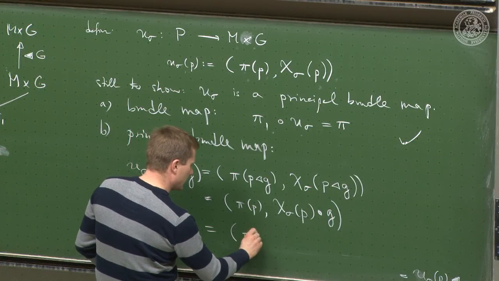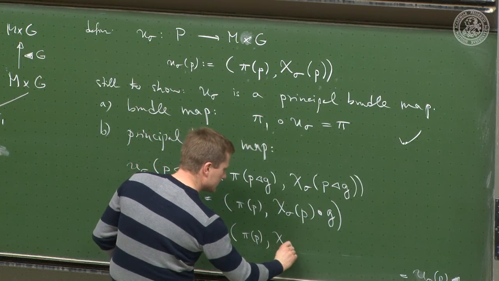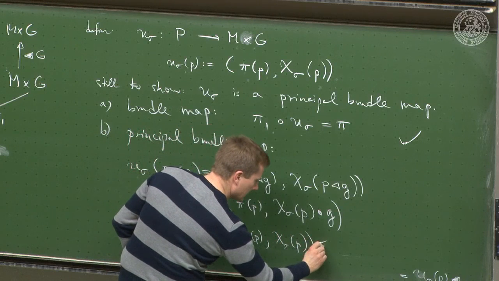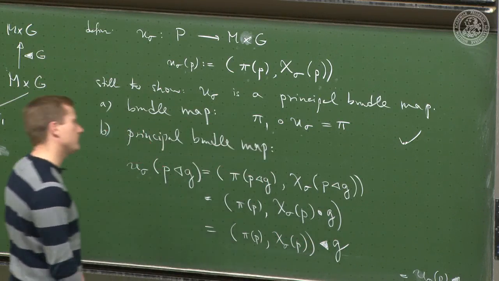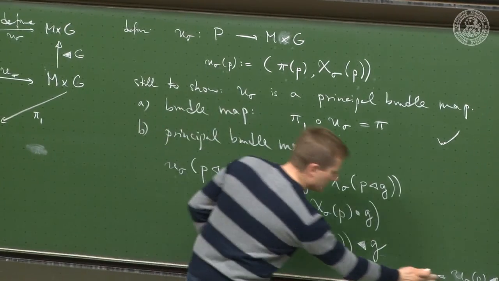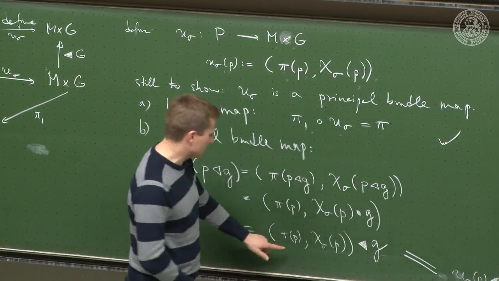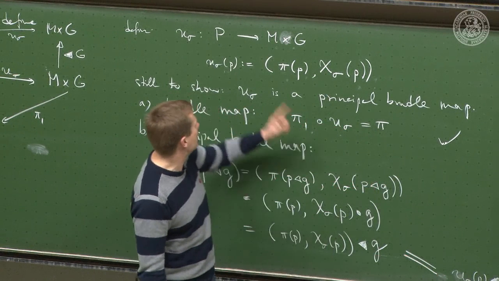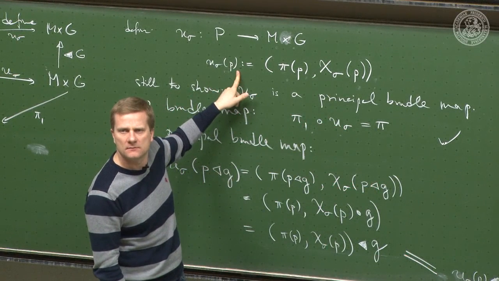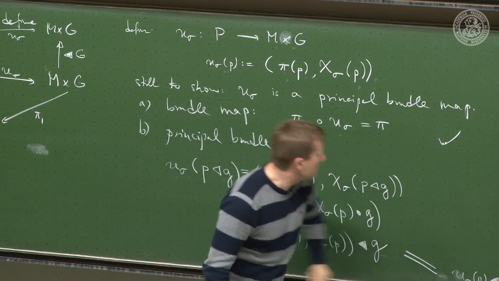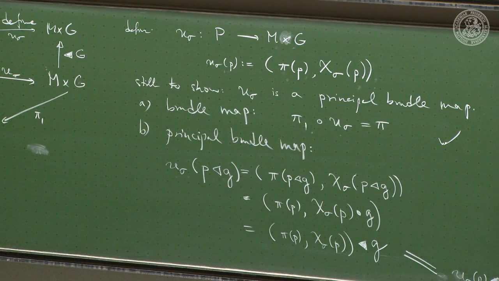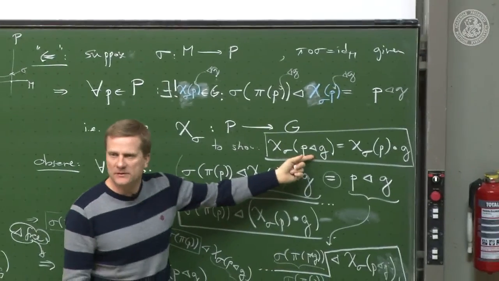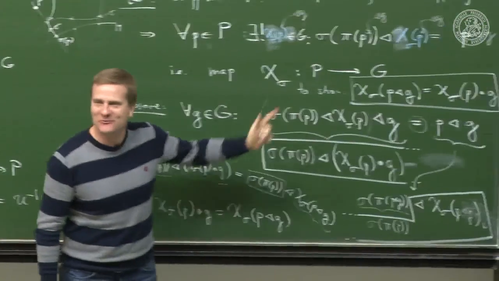And so this is pi of P, comma, chi sigma of P, coming from the right with the solid action. Aha, but this is precisely what we wanted to show, because pi of P, chi sigma of P is precisely U sigma of P. So indeed, this U that we constructed from this chi sigma, which in turn was constructed from the action and has this property, which is easily proven once you look at it carefully.